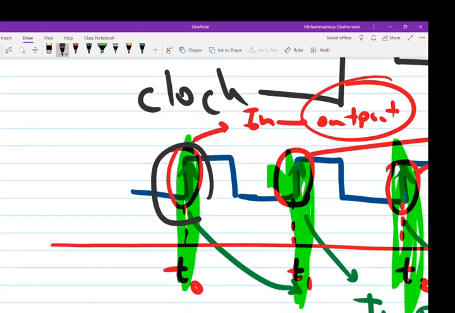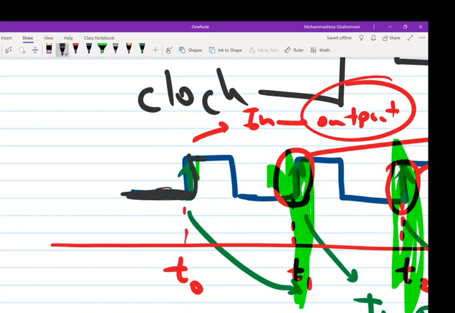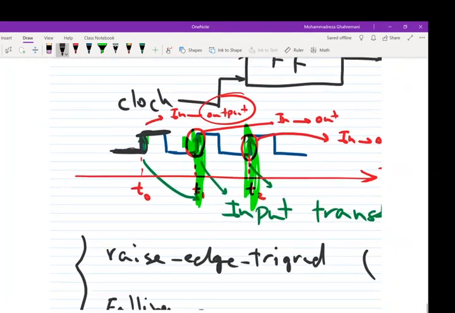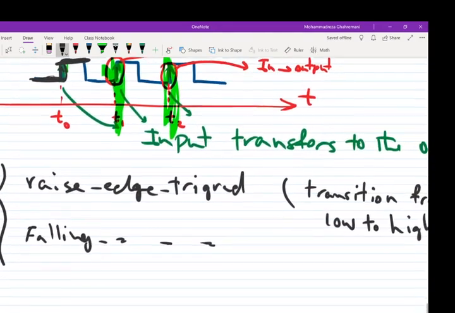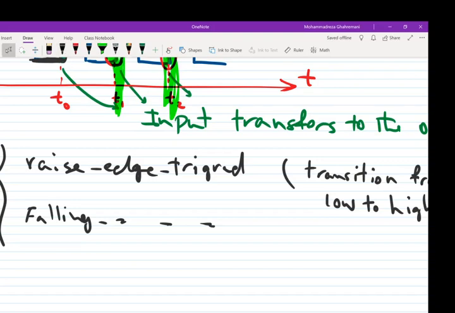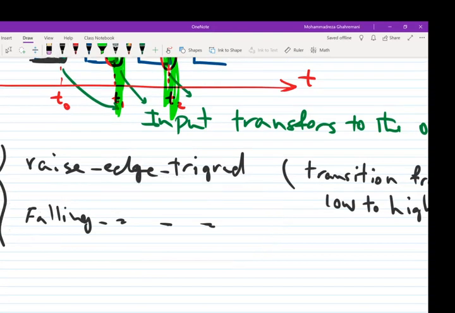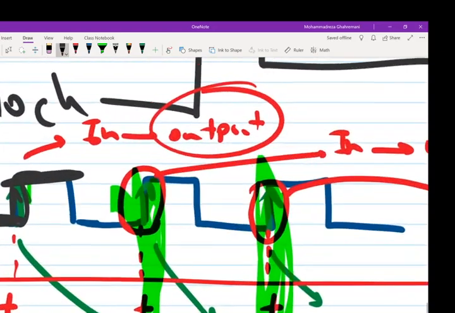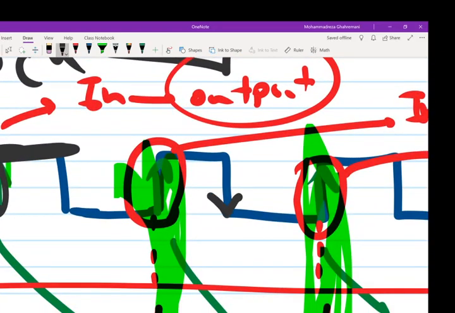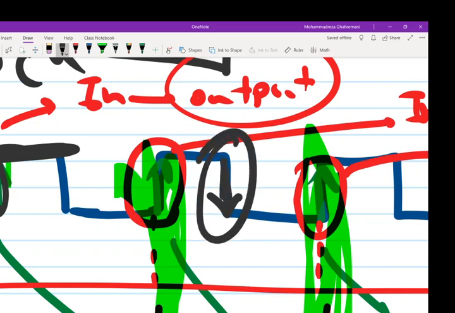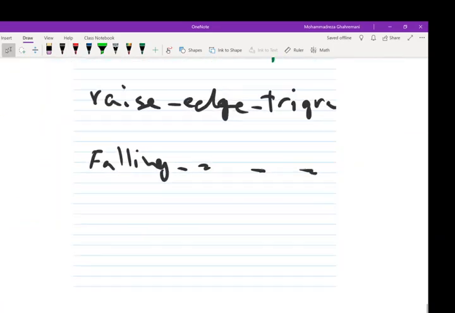We are waiting for the transition from a low signal to a high signal. So we call this type of flip-flop rising edge triggered, or rising edge sensitive. The other type, falling edge sensitive or falling edge triggered flip-flops, look for the transition from high to low in order to change the output.